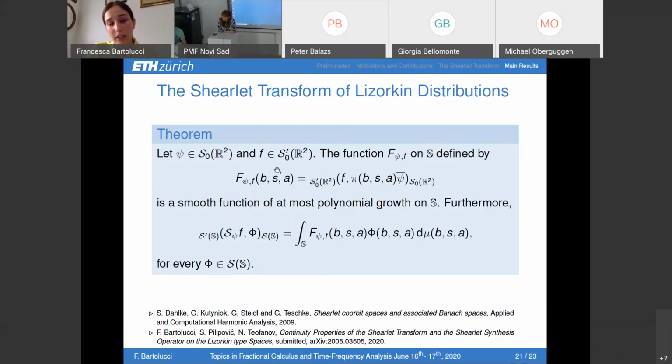And the evaluation at the point in the group is the evaluation of F on the window on which this unitary operator acts.